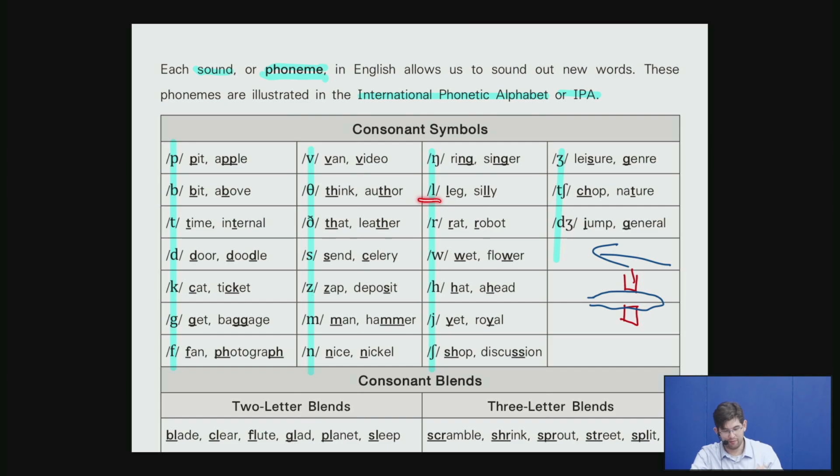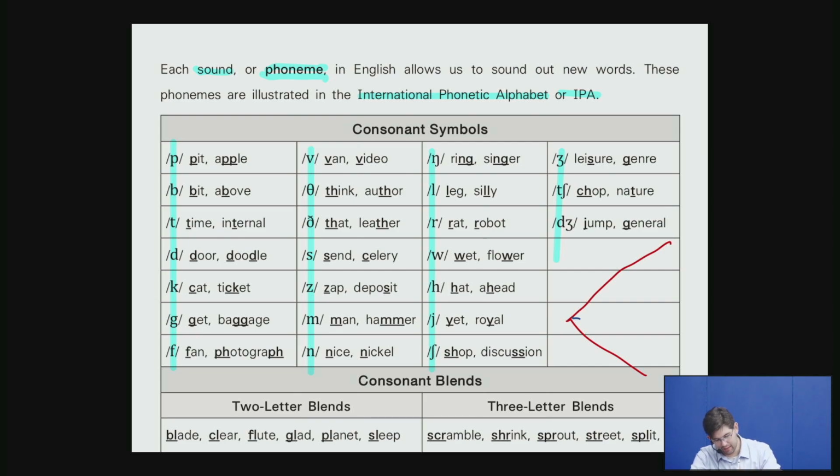Our next sound, once again, is our L sound. It's leg and silly. And this is a very long sound. Our tongue, to draw another picture as nicely as I can over here, is this time touching the top of the mouth. So if this is my mouth, let me draw this a little bit more curved.